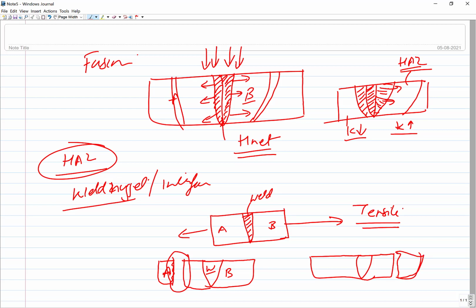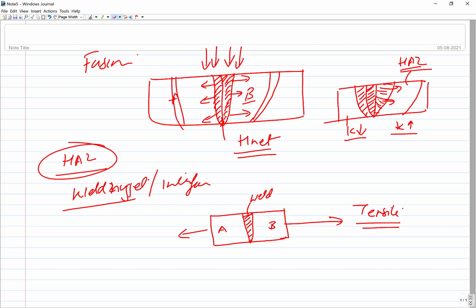Now if the failure is occurring very close to the weld from the A side, with the weld here and the other side fine, then B is strong, the weld is fine, but the region next to the weld on the A side, that is the HAZ, has failed.